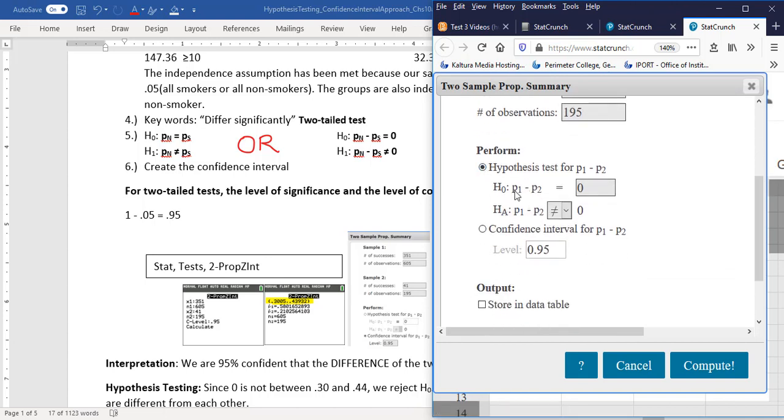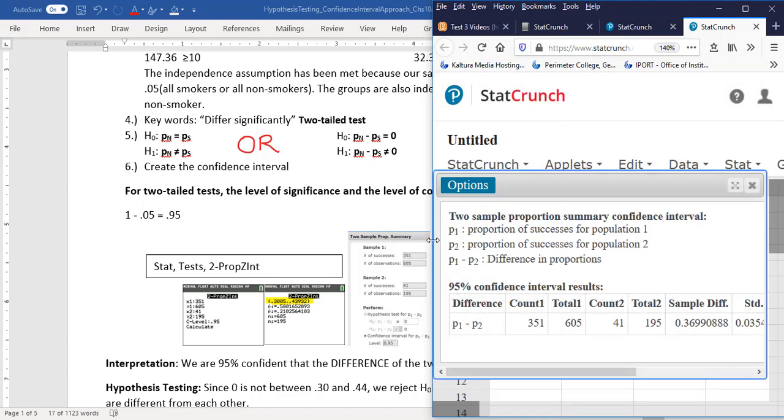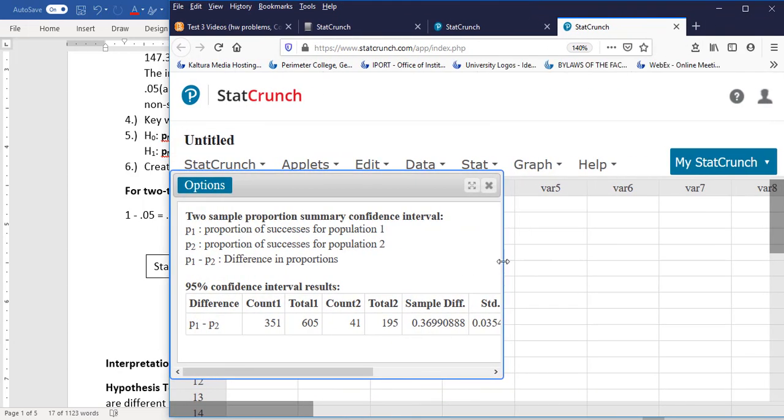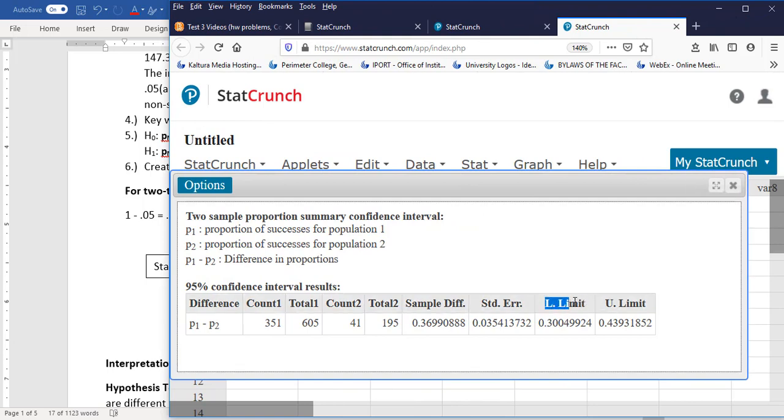And in StatCrunch, they do write it in this second form where you set it to 0. And this is a two-tailed test, so we want not equal to. Well, this first part, I'm sorry, is what you would do if you're doing the p-value approach or classical approach. We actually want the confidence interval. And compute. And when we expand this table, lower limit is your lower bound, upper limit is your upper bound.